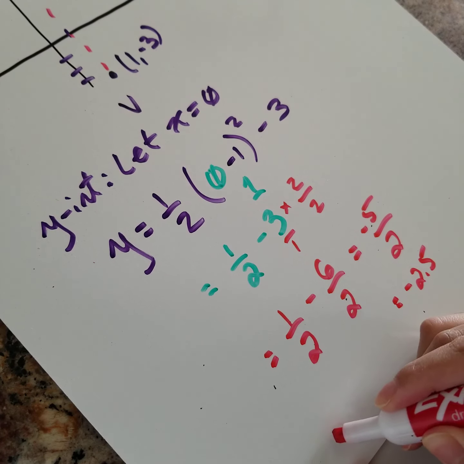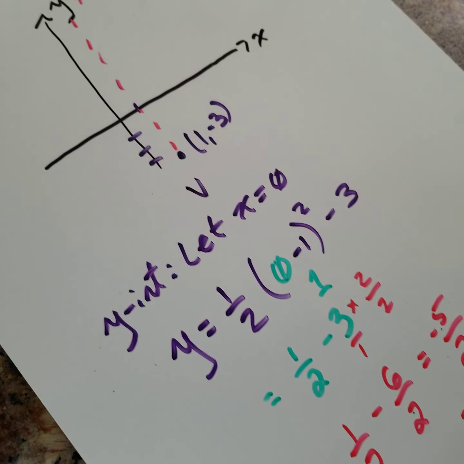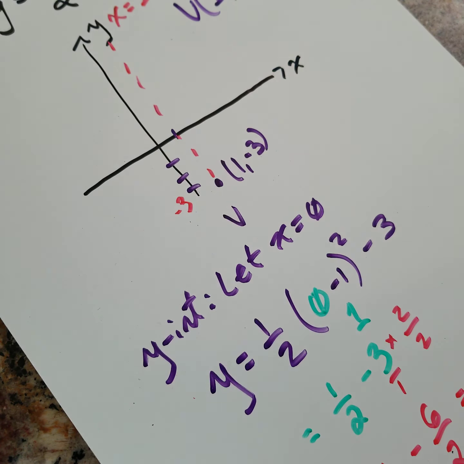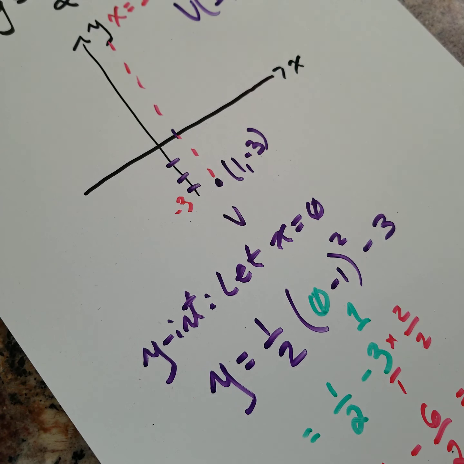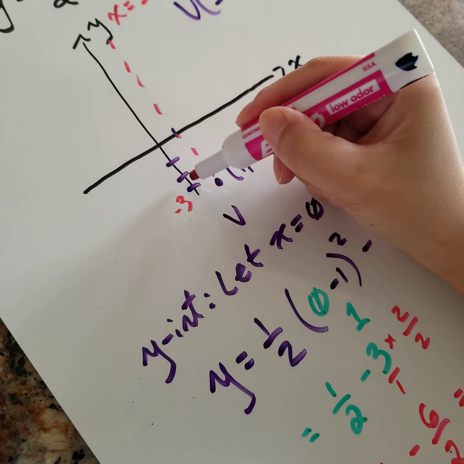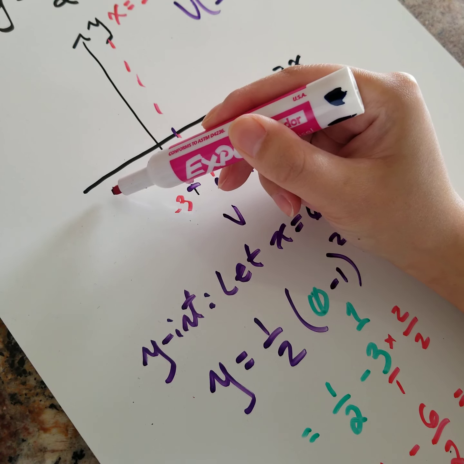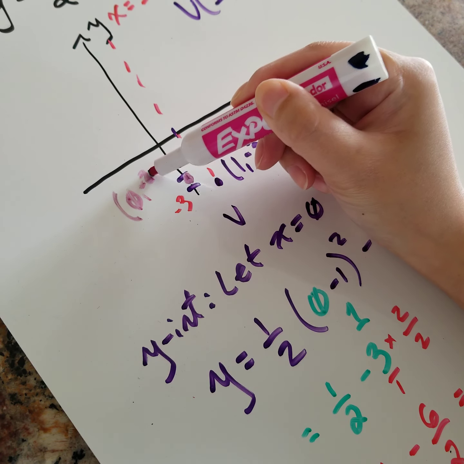So my y-intercept point is going to be (0, -2.5). So on my graph, when I plot it up here, this is -3, this would be -2. So I'm just going to plot an additional value over here. Let me plot it in a different color. So this point should read as (0, -2.5).